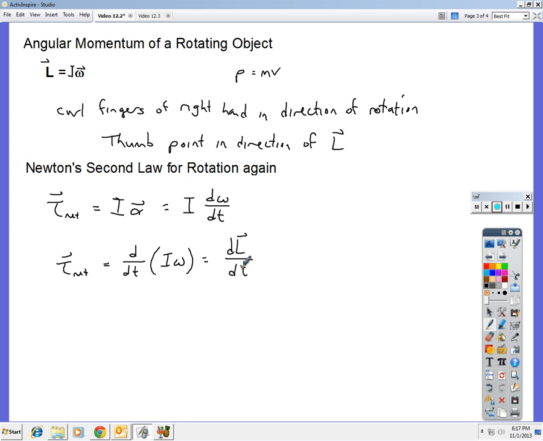And you'll notice that this is entirely analogous to the linear equation, net force equals dp dt. Once again, all the ideas you have from linear physics work in the rotational case as well.